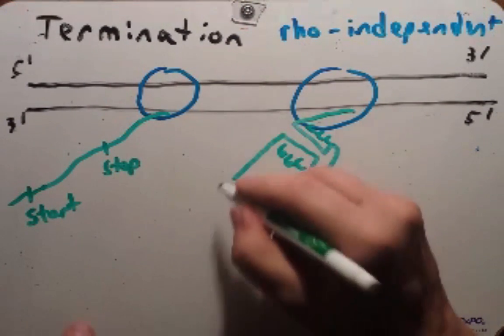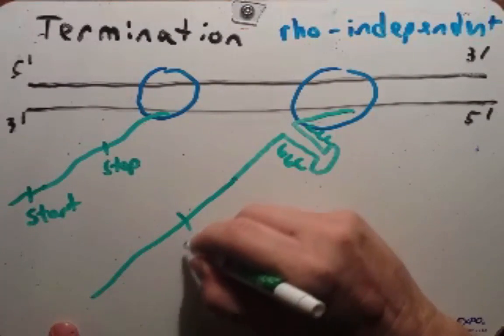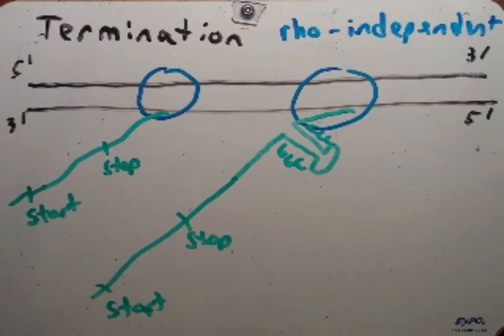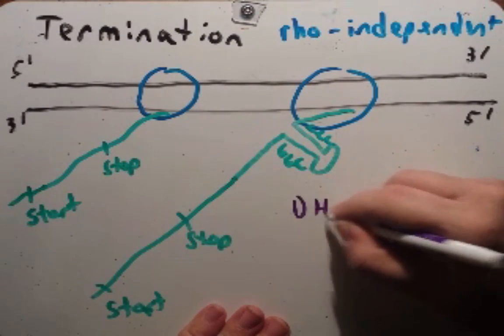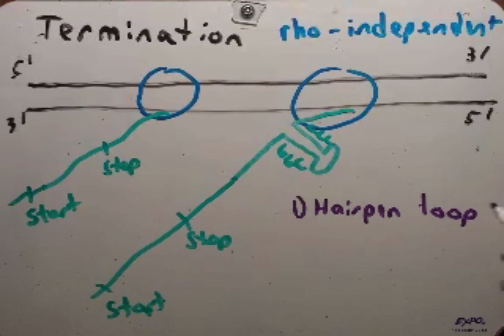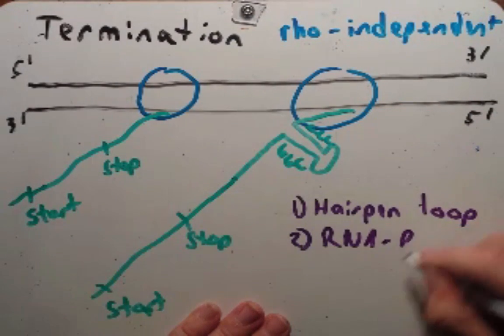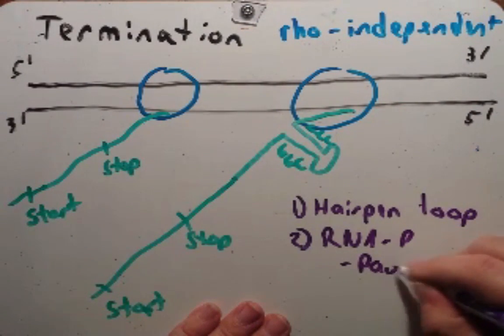And remember, down here, we still have our stop and start. We just need to be released from this DNA template so this gene can go on and do its job. So the first step here is that it forms this hairpin loop. So let's write hairpin loop. Then by some mechanism that's not completely understood, but we know it happens, the RNA polymerase, here in blue, pauses.